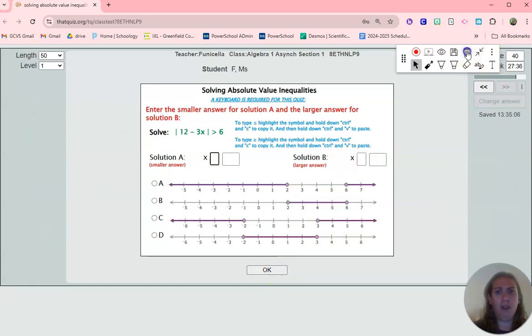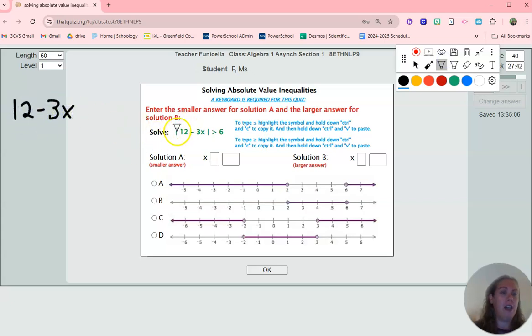And I think we have 2 more to cruise through here. So we have a 12 minus 3x. The absolute value part is already isolated. There's nothing else on that side, so we can just split it into greater than 6, or 12 minus 3x is less than a negative 6.